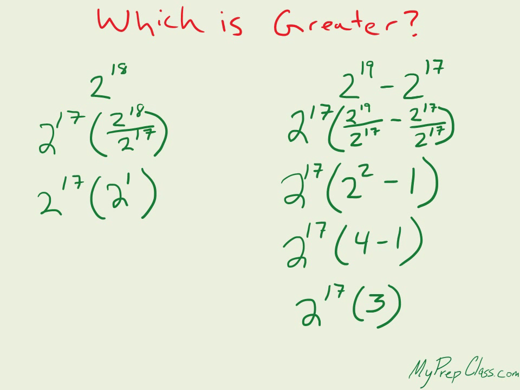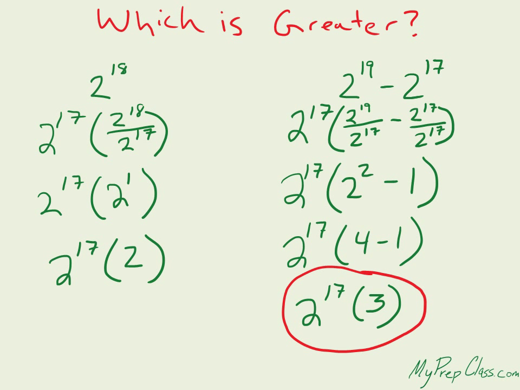So I can subtract those exponents. That leaves me with 2 to the 17th times 2 to the 1st. And 2 to the 1st is 2. So now I can compare the two sides. 2 to the 17th times 2, or 2 to the 17th times 3. Which is greater? It is 2 to the 17th times 3.